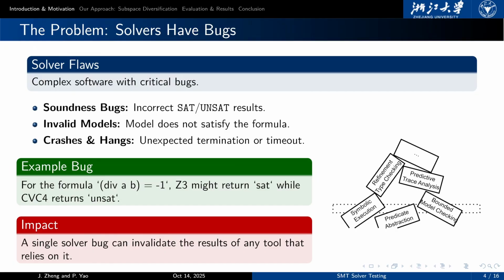A single solver bug can invalidate results. This is particularly dangerous because the systems that rely on these tools are often safety critical. A single incorrect verification result could lead to serious security vulnerabilities or system failures going unnoticed. This threatens our trust in verification systems.